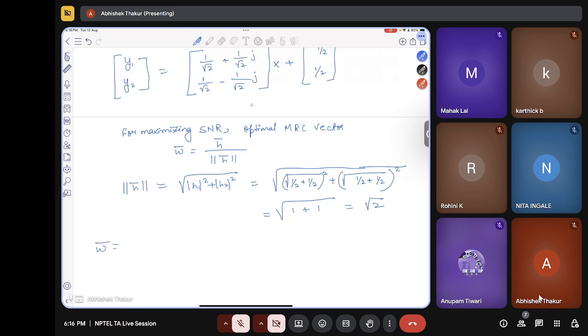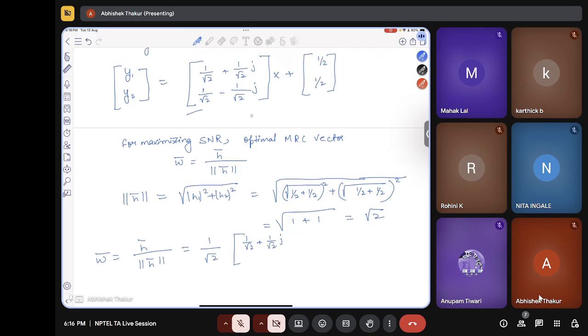So what is the precoding vector W bar? That is H bar divided by norm of H. So this is 1 by root 2 times H bar. What is our H bar? That is 1 by root 2 plus 1 by root 2 j, and 1 by root 2 minus 1 by root 2 j.